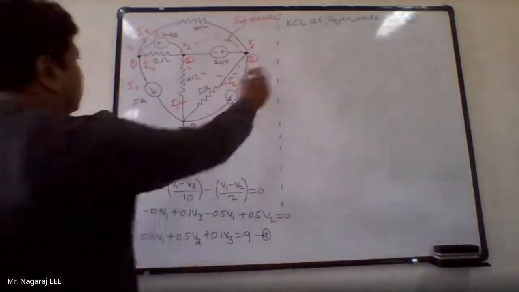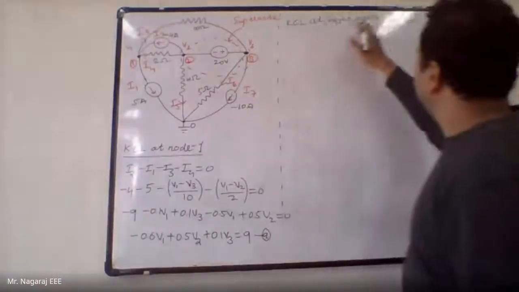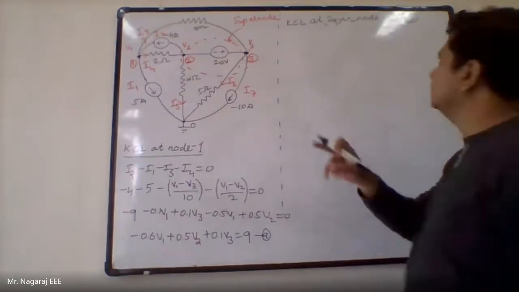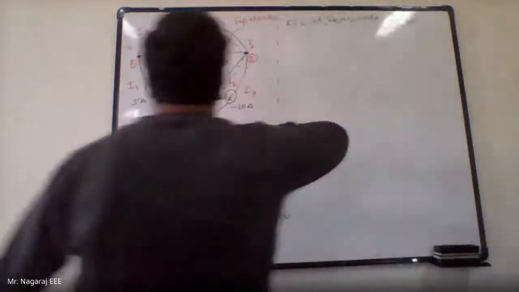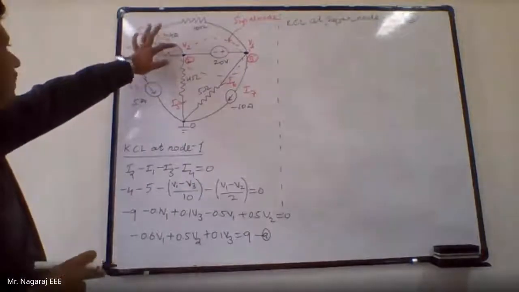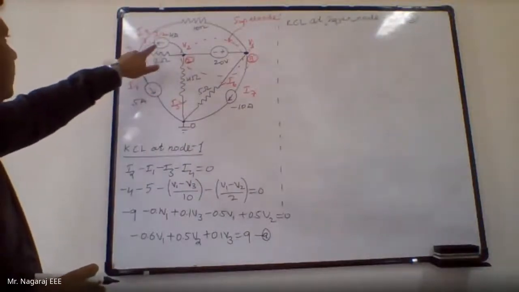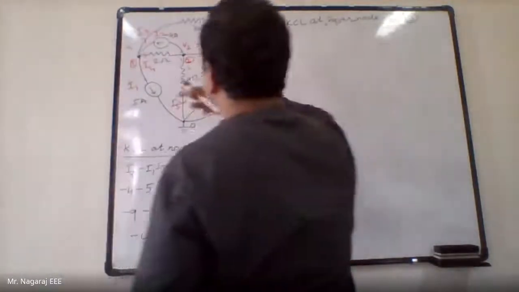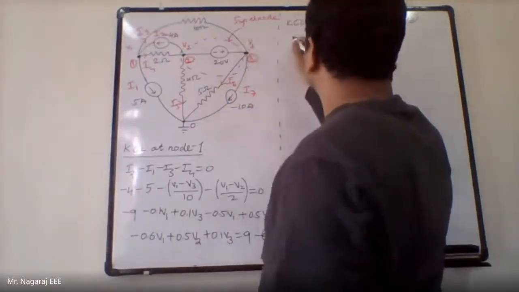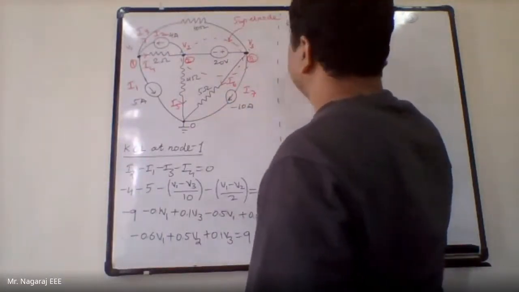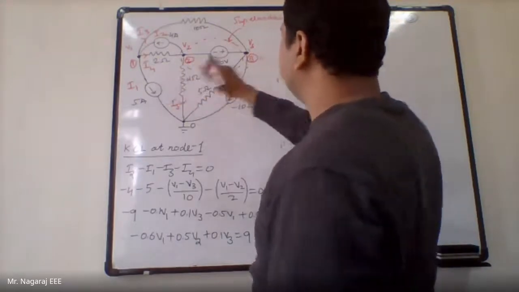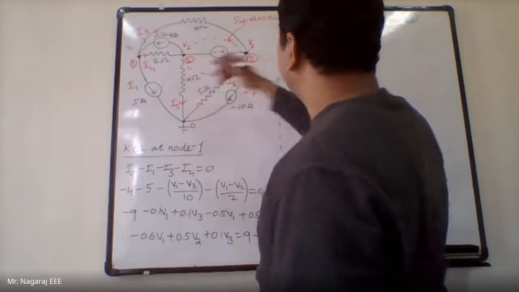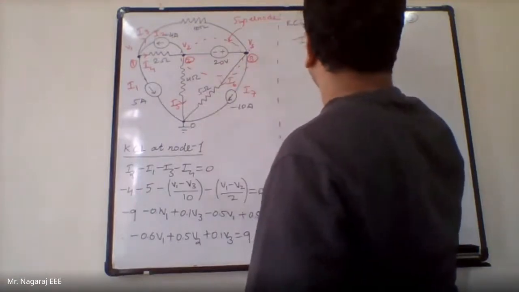So I should be applying KCL at node 2 and at node 3 simultaneously. At node 2, there are 3 branches connected with the currents I2, I4 and I5. Current I2 is leaving node 2, it is minus I2. Current I4 is entering node 2, it is plus I4. I5 is leaving node 2, it is minus I5.